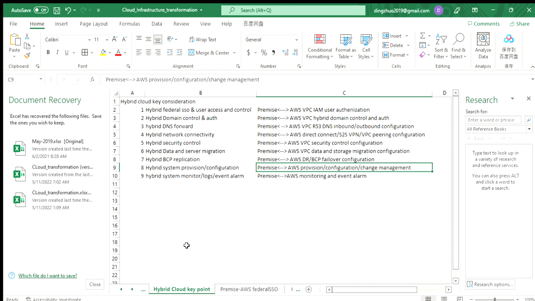Why do I say it's two-way? Because the Amazon cloud domain control needs to trust the existing premises domain controls, and the existing premises domain control also needs to trust the Amazon cloud domain controls.